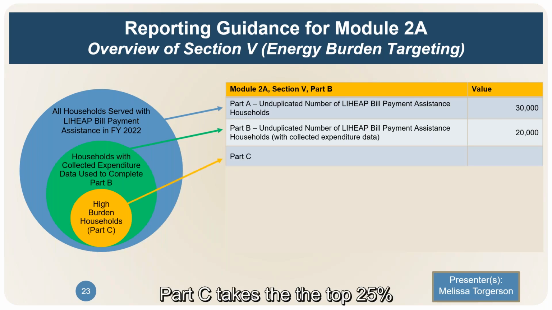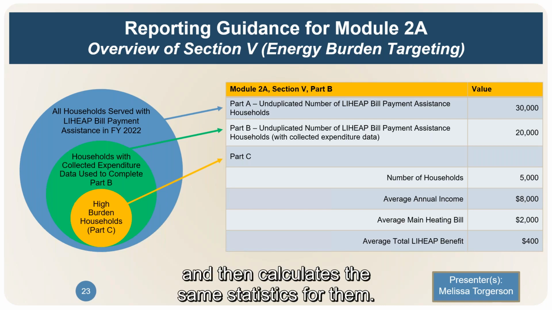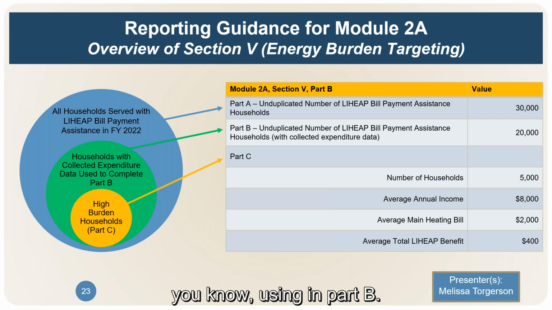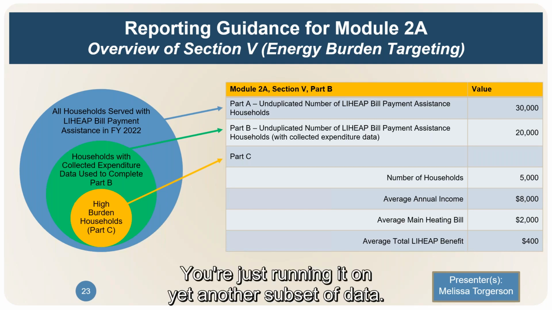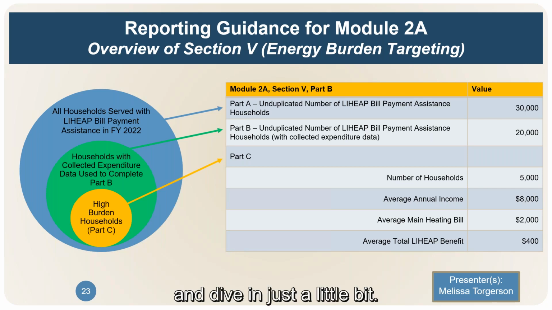Part C takes the top 25% of that 20,000 with the highest energy burden and calculates the same statistics for them. So it's the same queries you're running for Part B, you're just running them on yet another subset of data. Let's walk through some examples and dive in just a little bit.